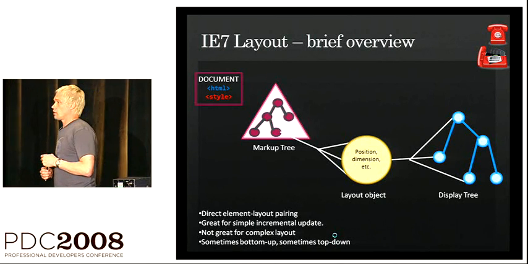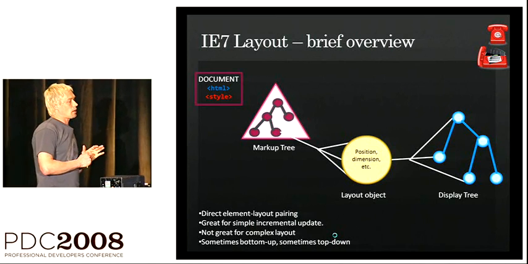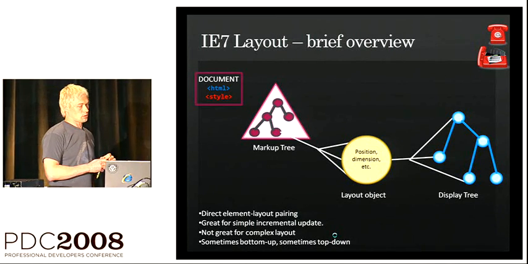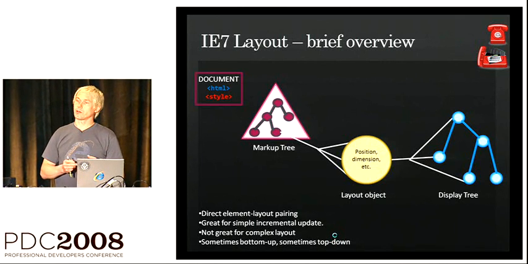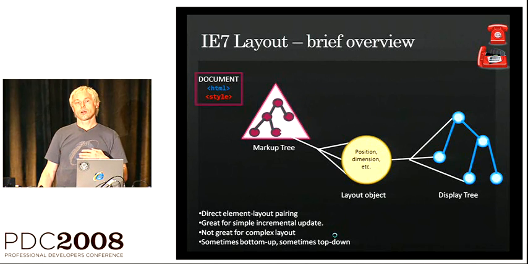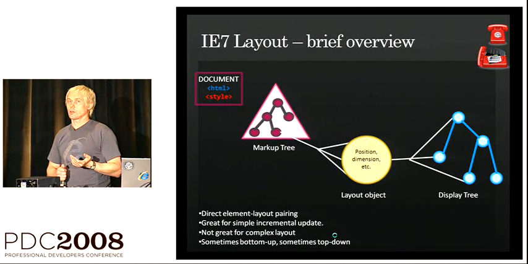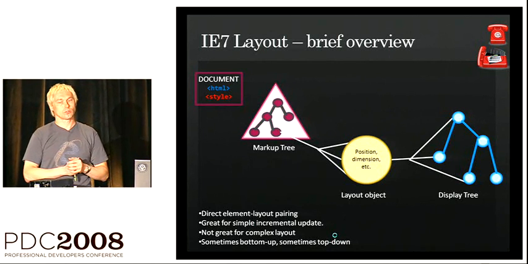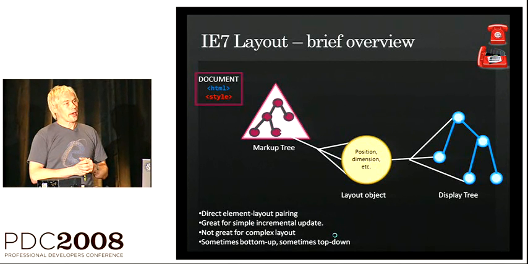This is, again, a high-level view of what happens in the IE7 layout engine. The whole concept of how it works was built somewhere about 10 to 12 years ago for the web as it was then.